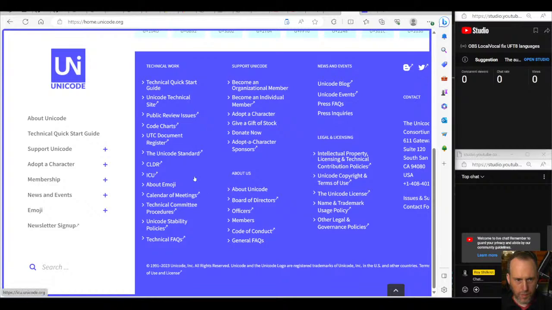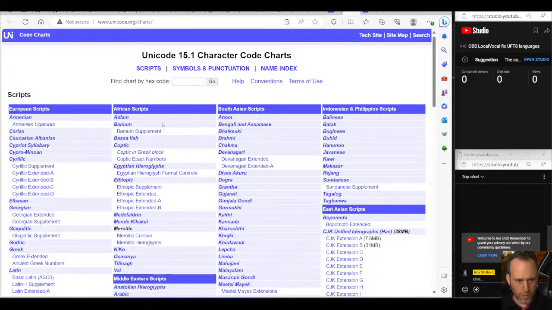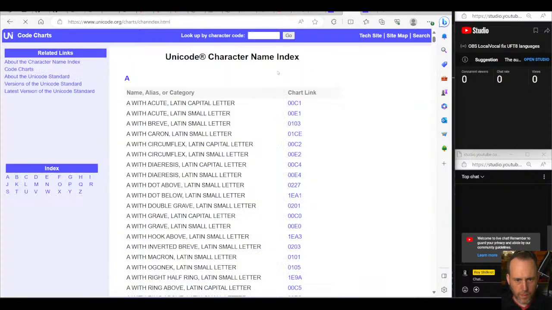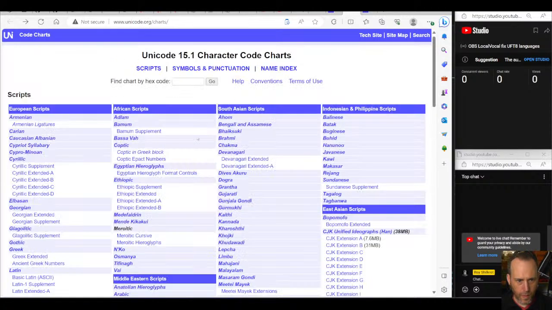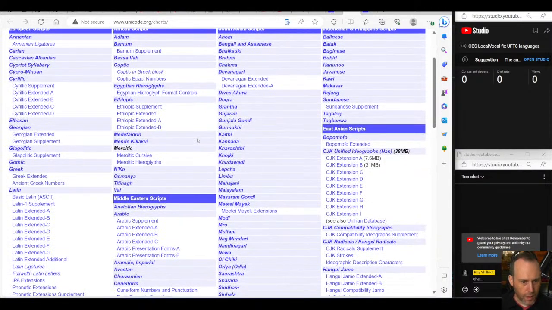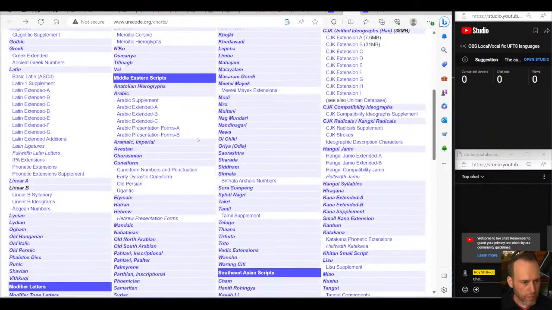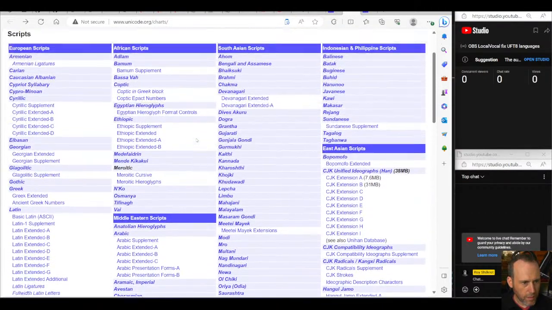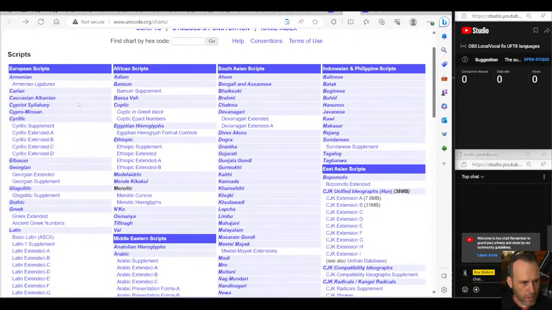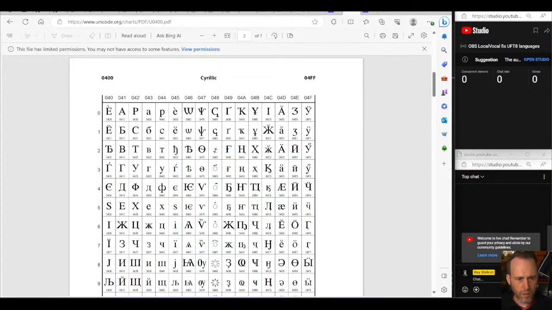I am looking for code charts. Just gonna have to look. Let's see, European. There's Cyrillic. Let's have a look here. 0400 to 04FF.